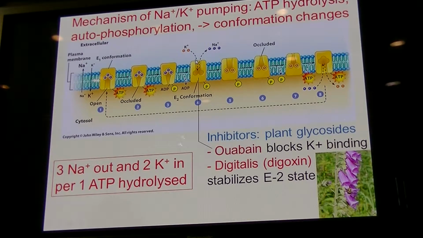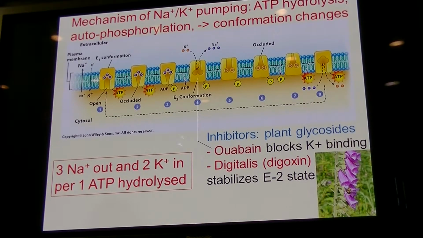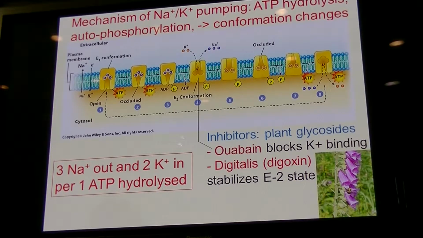And potassium binding is required to ultimately get to the dephosphorylation. So if you block that, the molecule is trapped in one state, and it functions by going from E1 to E2 to E1 to E2, on and on and on, and that cycle is blocked.